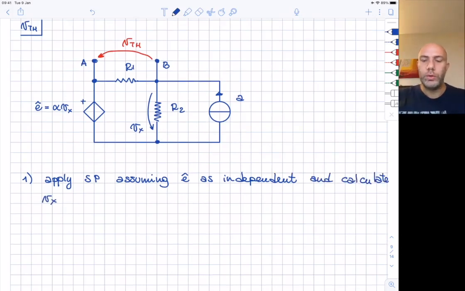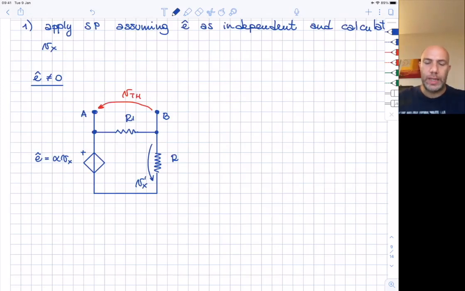So what we want to do is to calculate the voltage Vx as the sum of two contributions. The first contribution is the contribution due to the voltage generator E. If we switch off the current generator, we have this circuit where we want to calculate the first contribution to Vx.